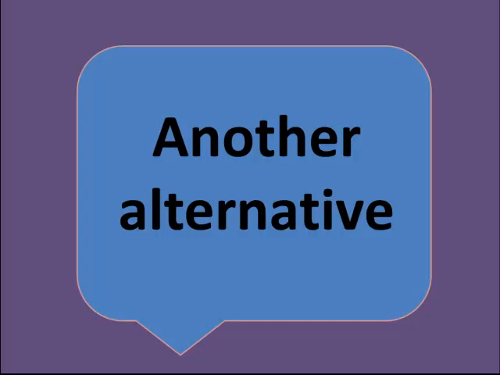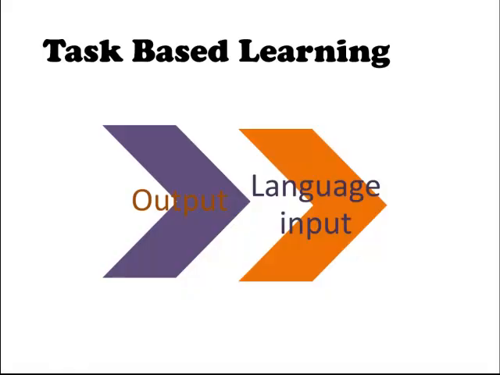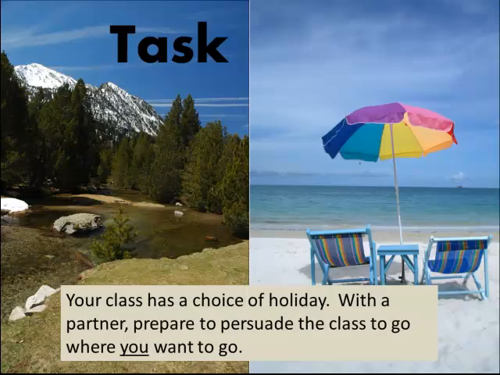So another alternative to this model is task-based learning. This has quite a different model at its heart, I suppose, in that the output comes first and the language input comes out of that, as opposed to the other way round. This is Jane and Dave Willis's brainchild, and it's quite well known.